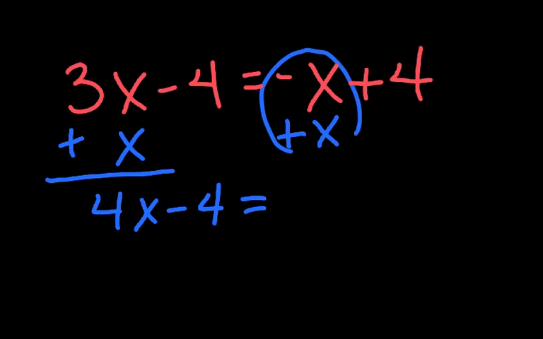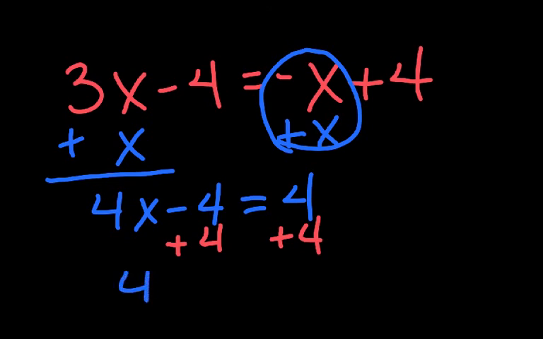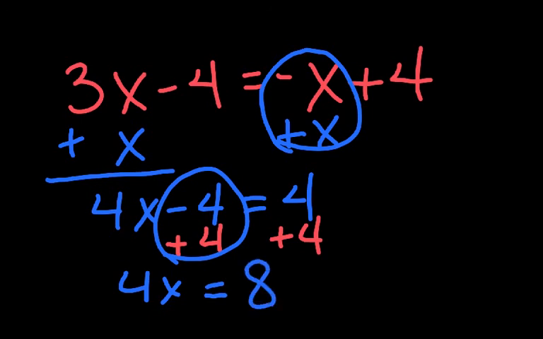That becomes 0. If they asked what your next step would be, it would be to add 4 to both sides. You would be left with 4x. That becomes 0 equals 4 plus 4 gives you 8. And then as you can see, 4 times what gives you 8? The answer would be 2.